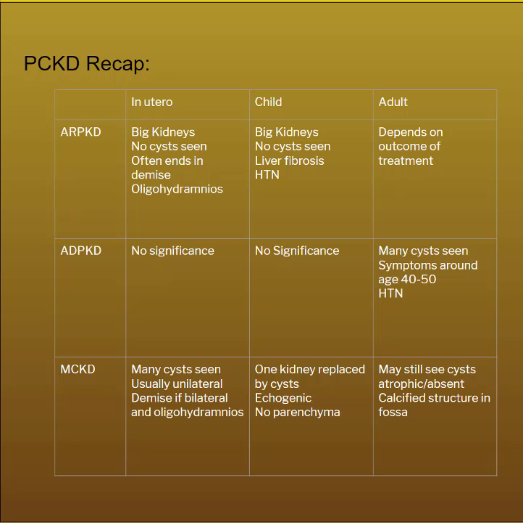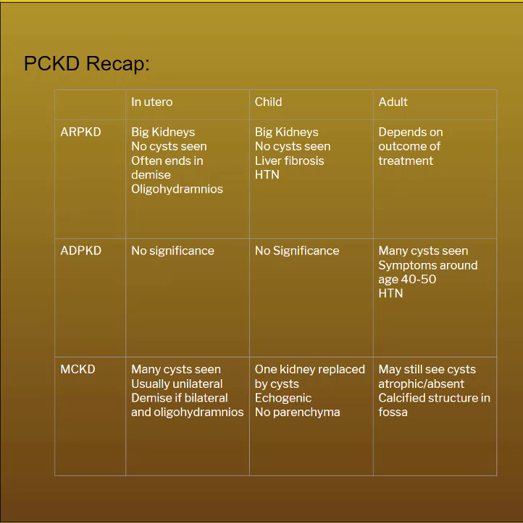So the autosomal recessive part is not significant in adulthood. Moving down then to ADPKD or adult polycystic kidney disease, kidneys look normal in utero. Kidneys look normal as a child. It's when they become older as adults that those cysts are going to start to pop up and their symptoms are going to present.